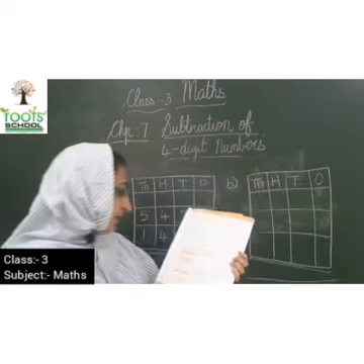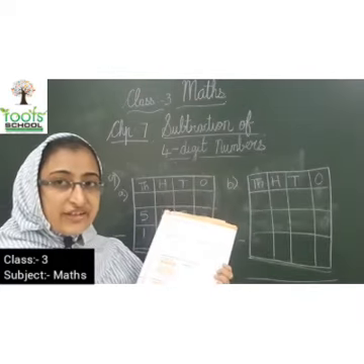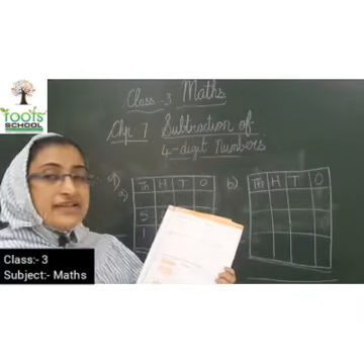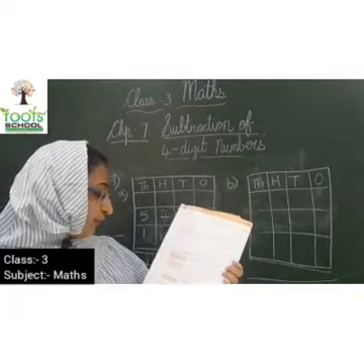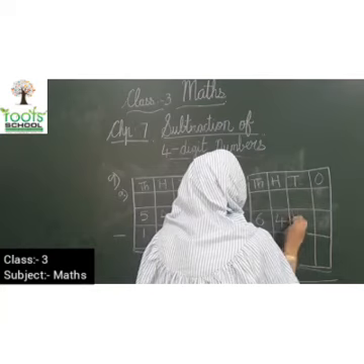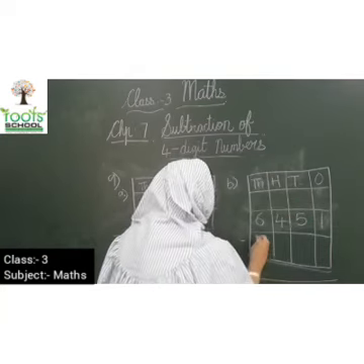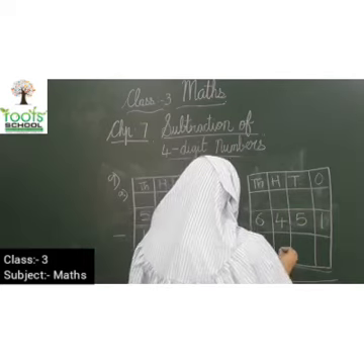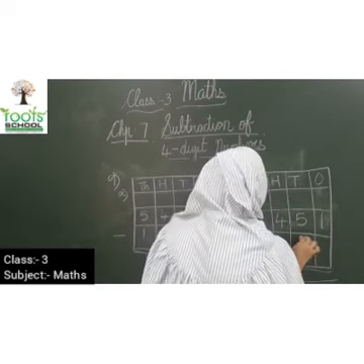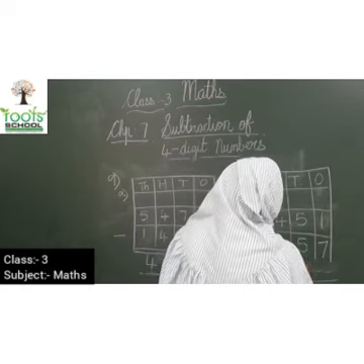Now in this case, you have to subtract 2,457 from 6,451. So what is the minuend? 6,451. And what is the subtrahend? It is 2,457.